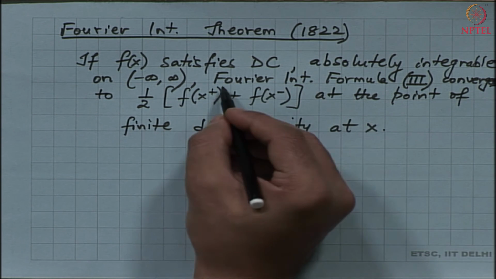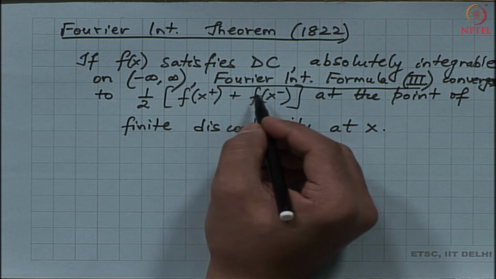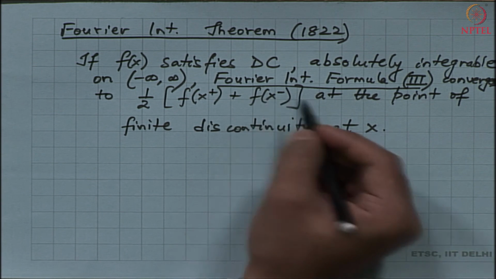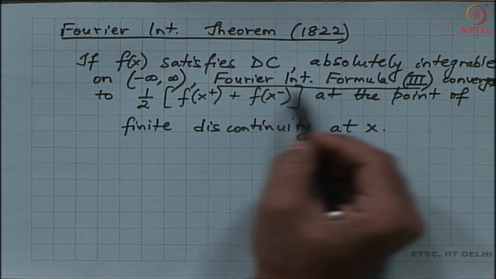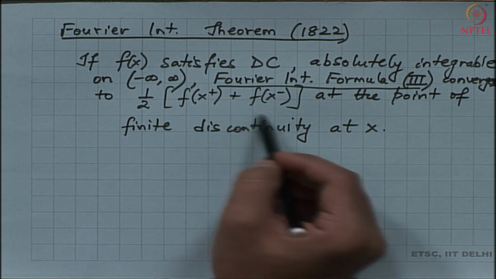So, if you have a function with a finite set of discontinuities and it is absolutely integrable, then the integral formula converges to this average value around the point of discontinuity.